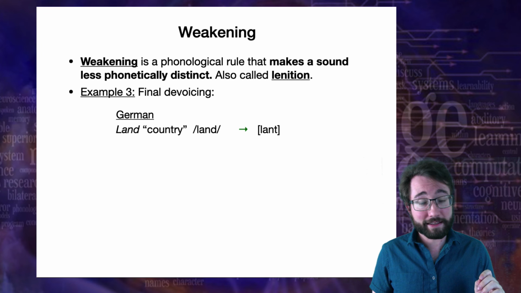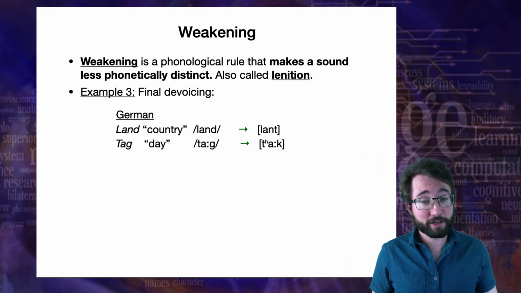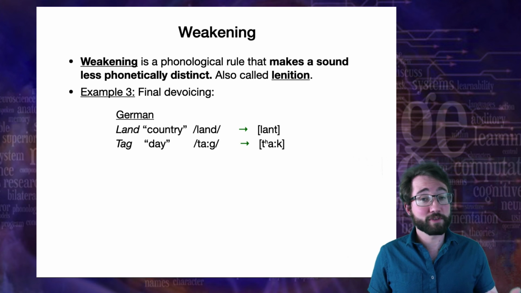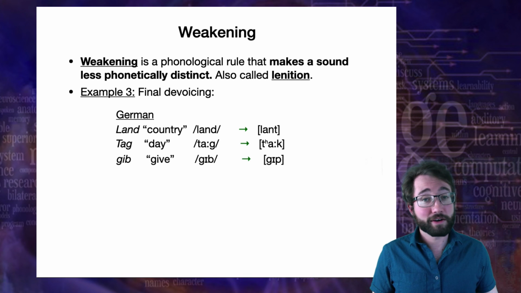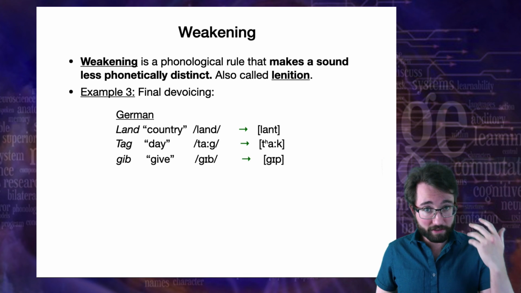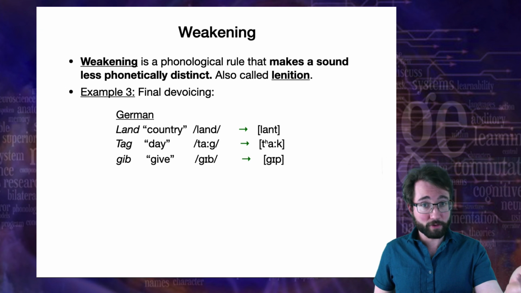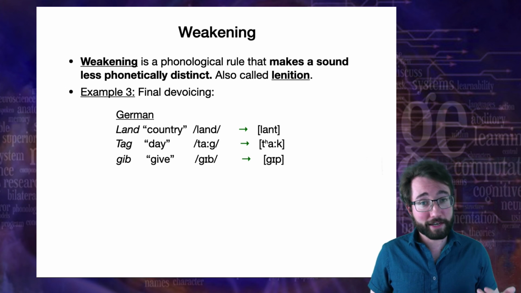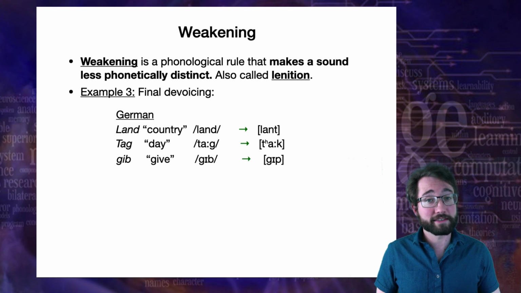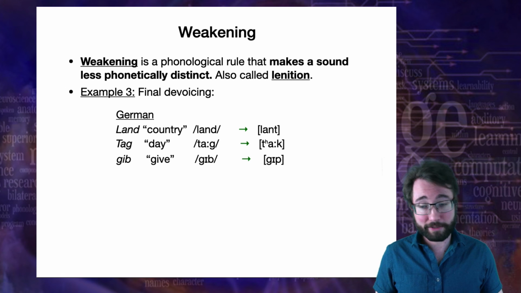So underlyingly, the final phoneme in this word is a voiced D. But phonetically, the last sound in this word, as it's pronounced, is the unvoiced T. Similarly, the word Tag means day. Underlyingly, the last phoneme there is a G, which is reflected in the spelling. But in terms of phonetics, what you say is Tag with an unvoiced K at the end. Also, the word Gip, which is the verb give. If I say give me that, it would be gip. And again, the final phoneme there is a B, but the final sound is a P, the unvoiced bilabial stop.